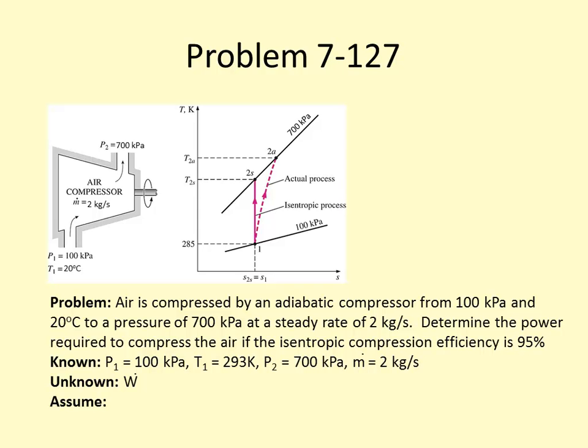So 436.3 kilowatts divided by 0.95 gives us 459.3 kilowatts. So it actually requires more energy, or more power, to compress in this actual case than it did in the isentropic case.